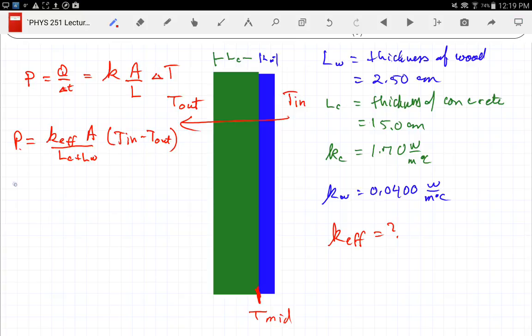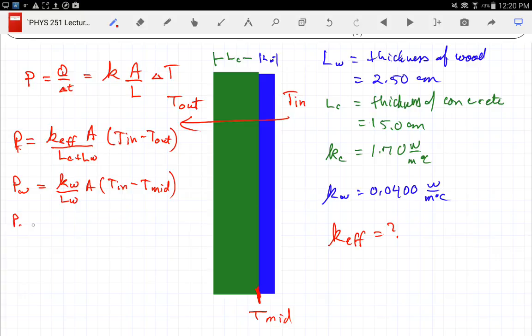Or I can look at just the wood. And I can say the power for the wood, so I'll put here total power for the wood is equal to the K for the wood over the length for the wood times the area times, well, we still have T in on one side, but we have T mid on the other side.